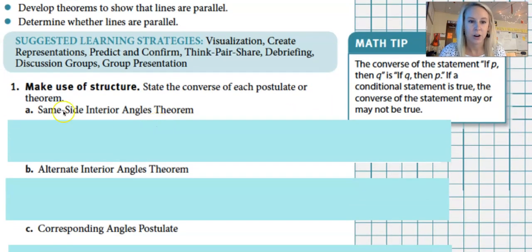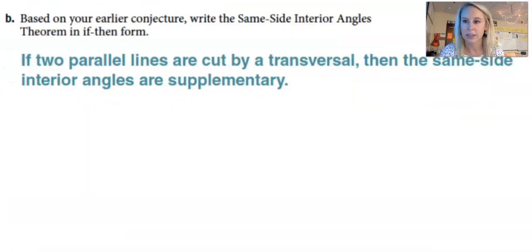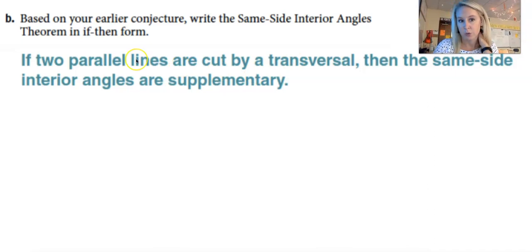So we're going to look at the same side interior angles theorem. I'm going to go back to our lesson on 7.1, which said if two parallel lines are cut by a transversal, then the same side interior angles are supplementary, meaning 180. So that is the normal way. We're going to do the converse, which means we're going to flip it.